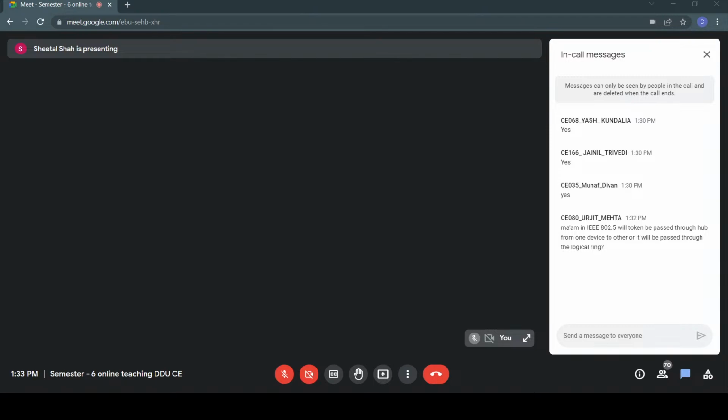Every station would have two links. You are connecting all these devices through this hub. So suppose A wants to pass on the token to B, then through the hub it is passing. That's all. Are you getting me? Okay. Right.